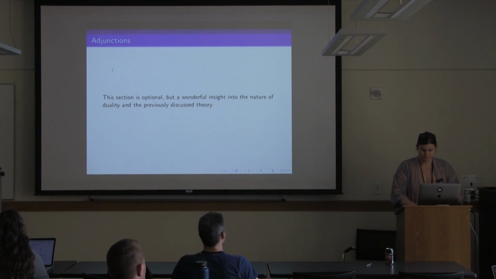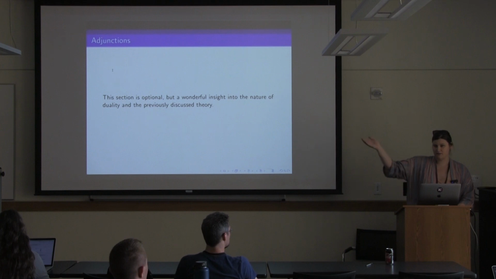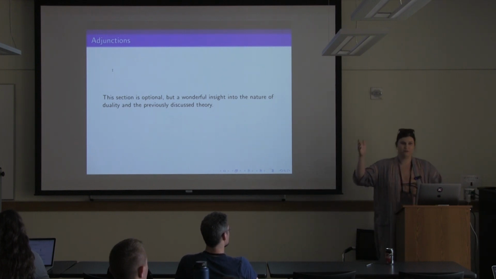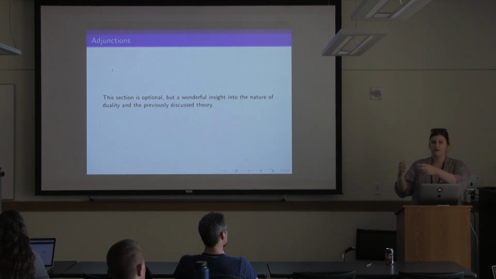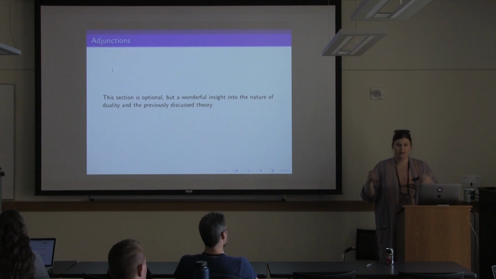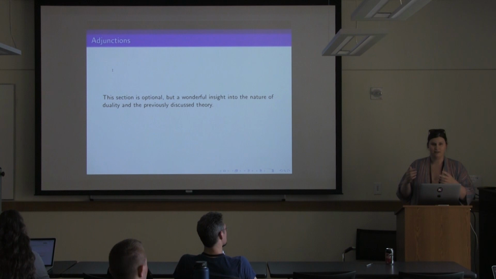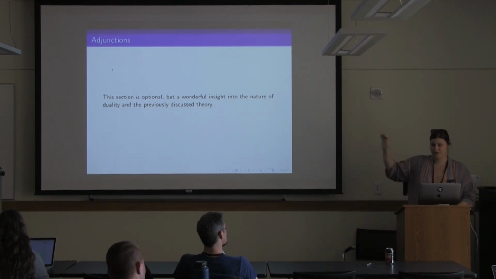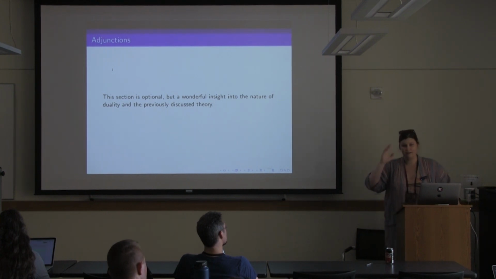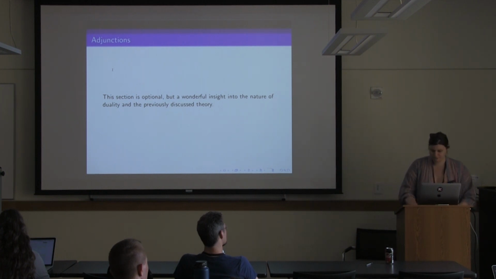Currying being that a morphism from A cross B to C was isomorphic to a morphism from A to B to C. And pairing, which stated that A plus B to C was equivalent to saying A to C times B to C. And we saw that just by looking at the diagram for coproducts and products and sussing out some information, noticing that we had a pair of functions which characterized a coproduct, and a pair of projectors which characterized products, right? Is everyone comfortable with that? Good? Okay.